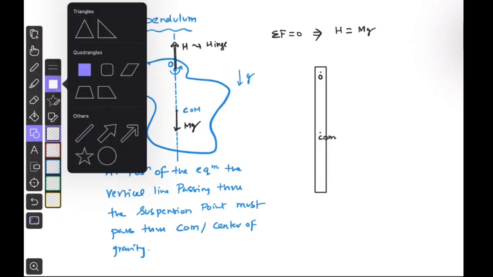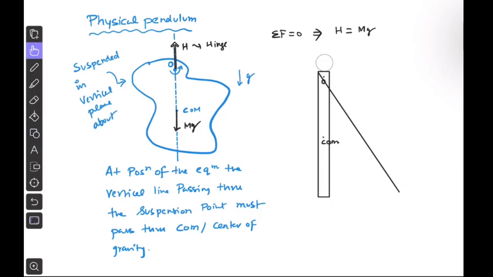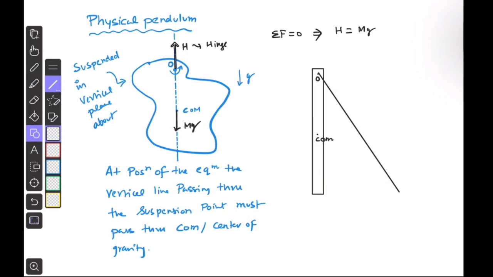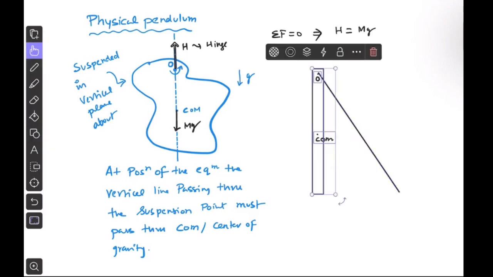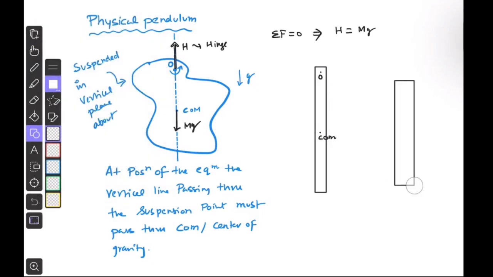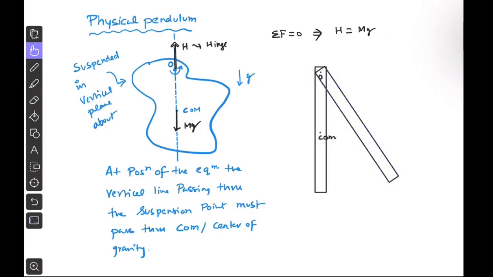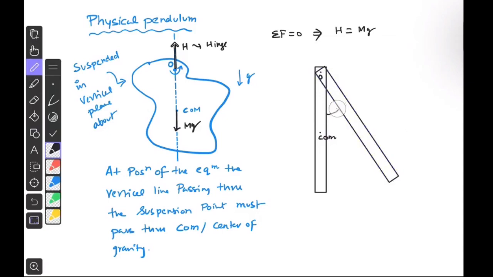So if I displace this rod to a new position, and I ask you to determine the net torque we are going to have about the point O: if I displace it through some angle theta, we are going to have a torque acting on this rod about point O, which will be due to mg only.